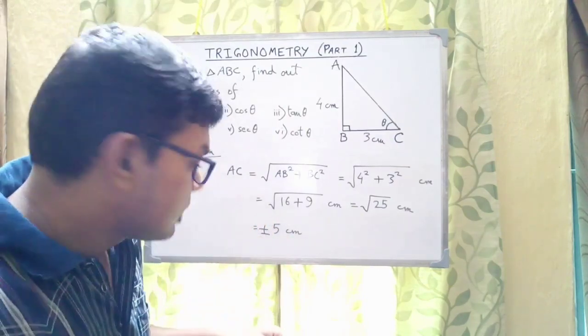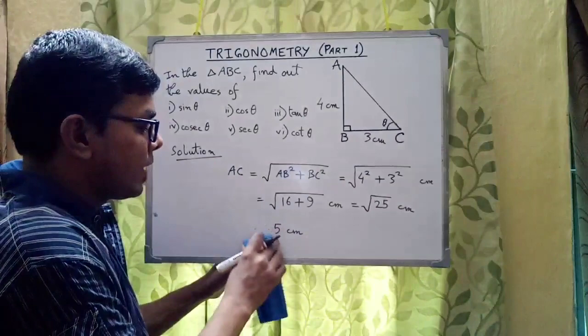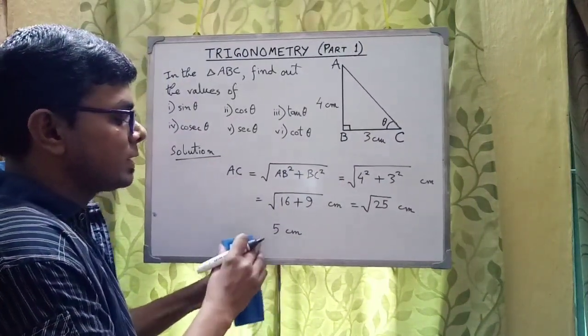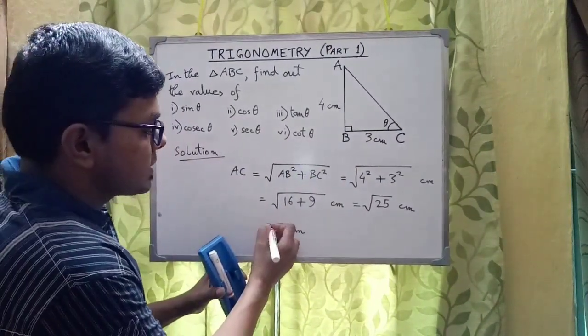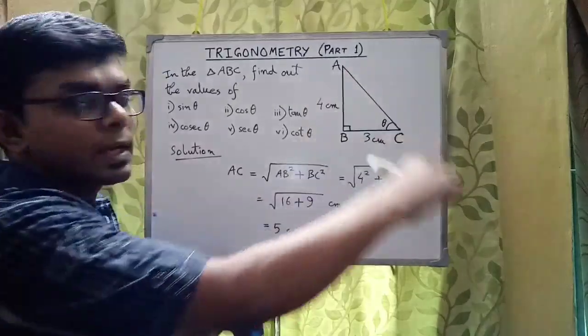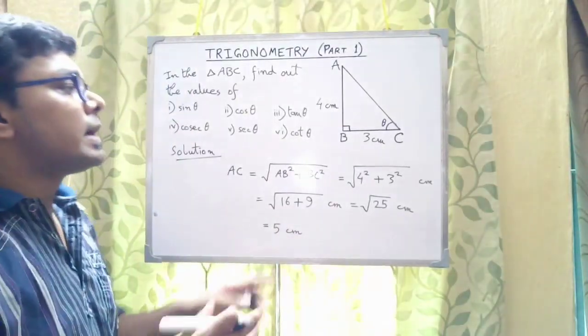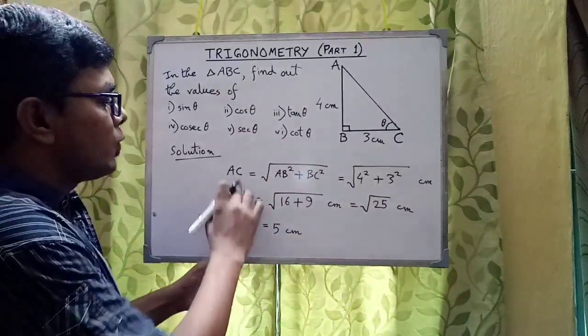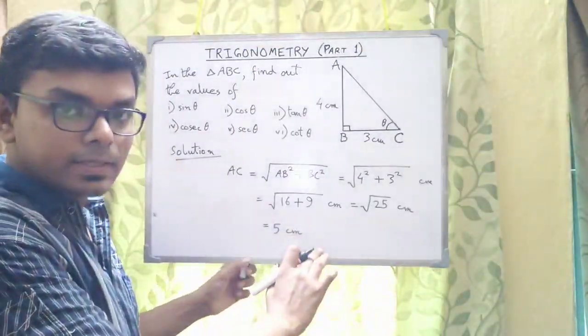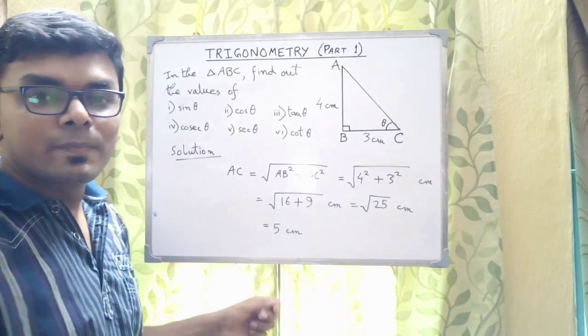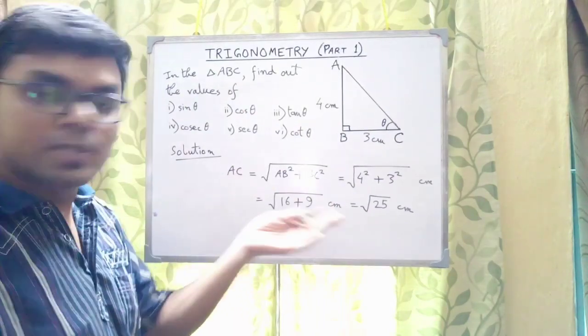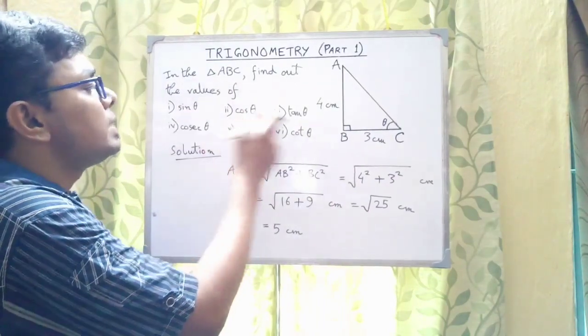But here we will take only 5 centimeter, that is, only the positive value, because it is the length of a side of a triangle which cannot be negative. Now let's come back to this problem. See, now we have found AC, so the hypotenuse is obtained. Now we can easily move on with this.